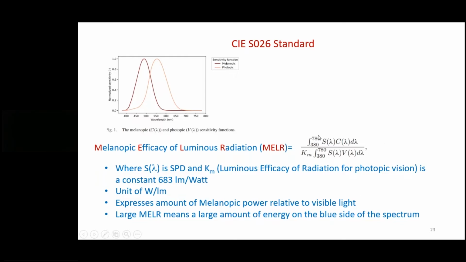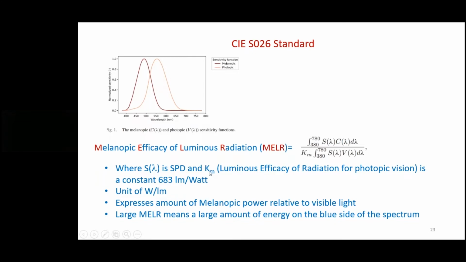Okay, so if this numerator is in watts per meter square, it's irradiance, and this one is watts per meter square, and this is lumen per watt, so watts will cancel, and watt per lumen is the unit of this quantity, MELR.